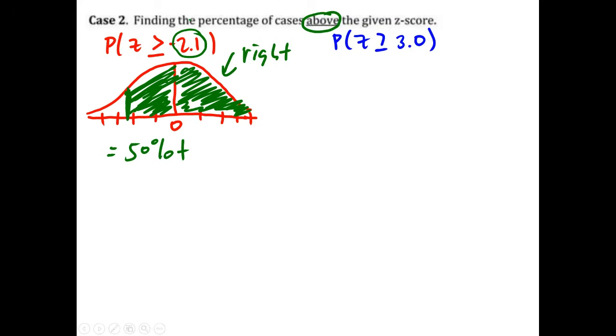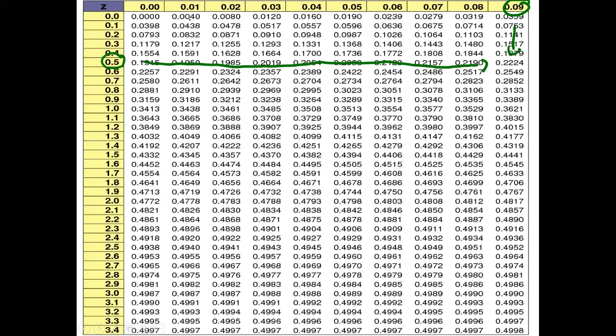It's either on the left or right lang. Pero parehas lang yung kanyang shaded part ng 2.1 at negative 2.1. Punta tayo sa Z-table. We have 2.1. So let me erase this. 2.1. So punta kayo dito sa 2.1. So 2.1 is the same as 2.10.